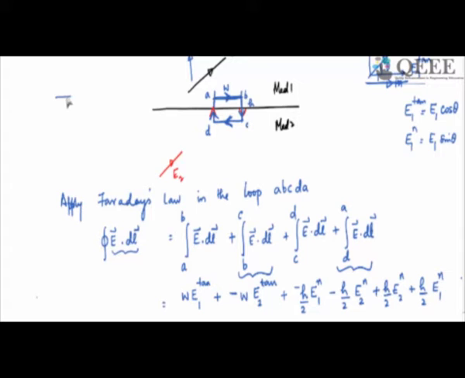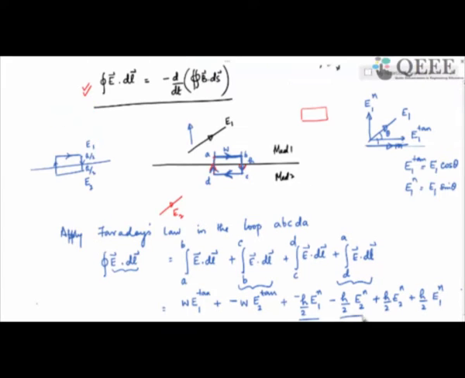So, essentially what I did was, this component I wrote as a tangential component, but along the height direction, I divided this into h by 2 and h by 2. Half of it is experiencing a field E1, half of it is experiencing a field E2, and the component of E1 in the normal direction is the normal component.